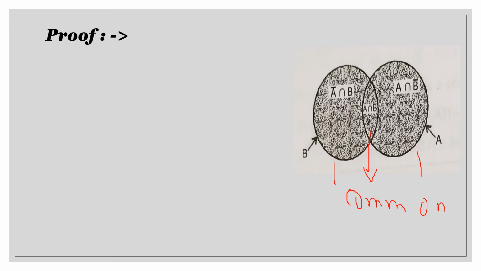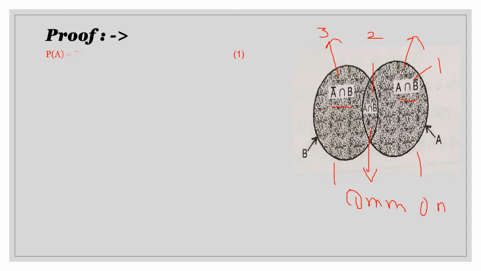This part represents A intersection B complement, and this part represents A complement intersection B. So we have divided our area into three regions: region one, region two, and region three. Now we have made a Venn diagram of two events A and B, and we have divided this area into three parts: one, two, three.